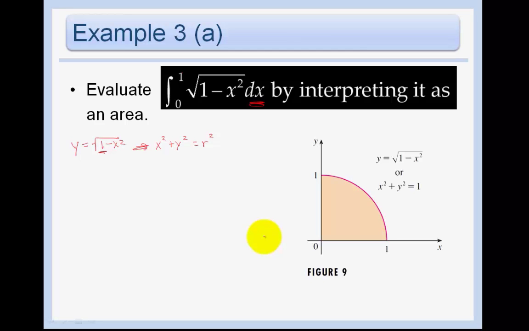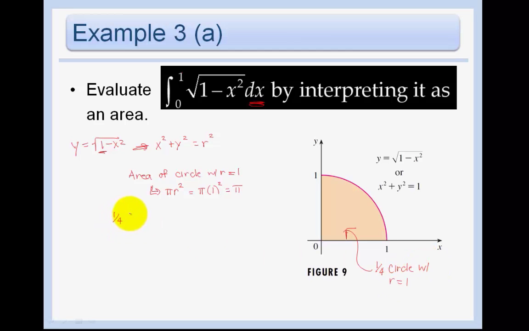And what do we know about the area of a circle with the radius of 1? Well, that would have been pi r squared, which would have been pi times 1 squared, just pi. But what do we want? We want a quarter of a circle with radius of 1.